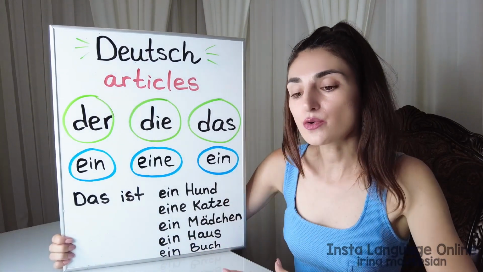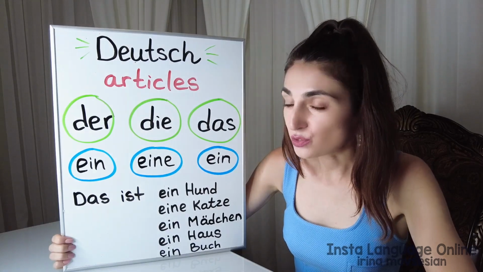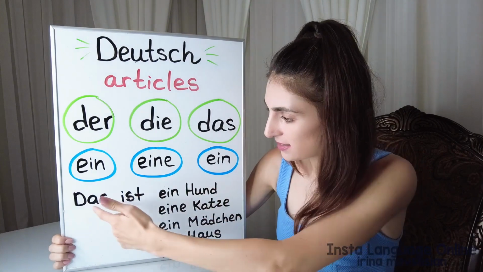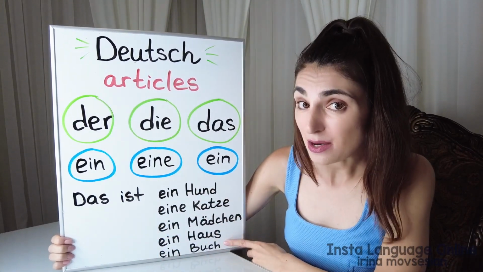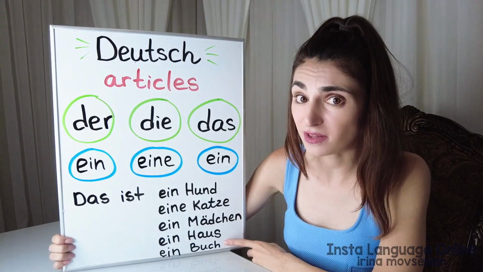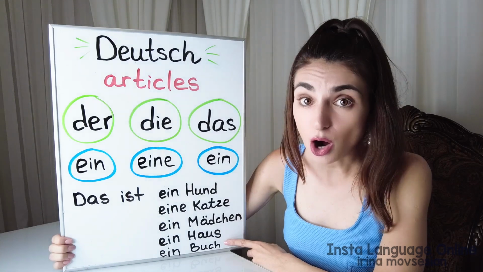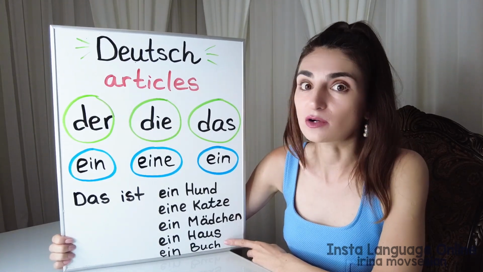Okay, so you have to remember which article you use with which word. Can you look at this and say, hey, das ist ein Buch, and do you know, is it der Buch or das Buch if you see it for the first time? No, you don't. I know it's very, very frustrating. We have billions of words, right?